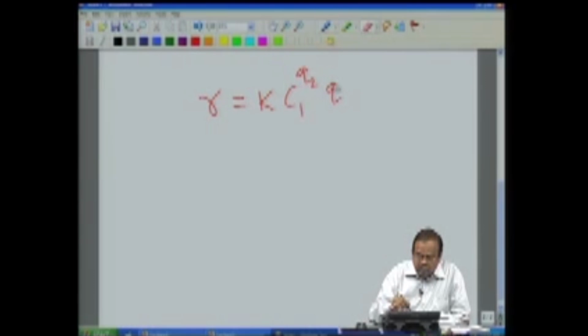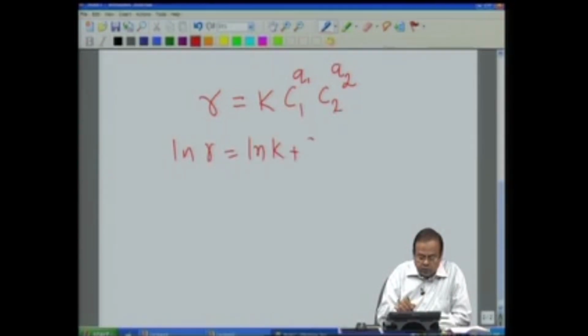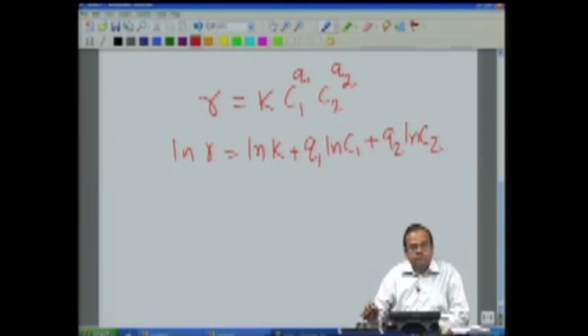So, if I say that my rate is k C1 raised to Q1, C2 raised to Q2, I can write this by taking natural log of both sides as ln R equal to ln K plus Q1 ln C1 plus Q2 ln C2.